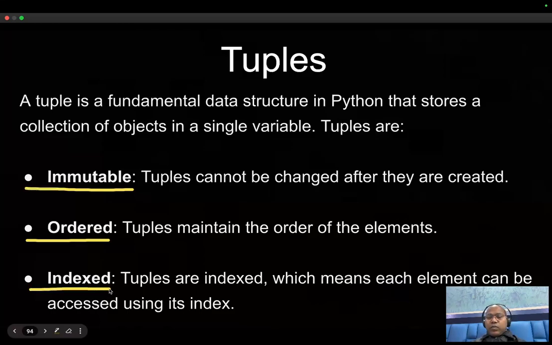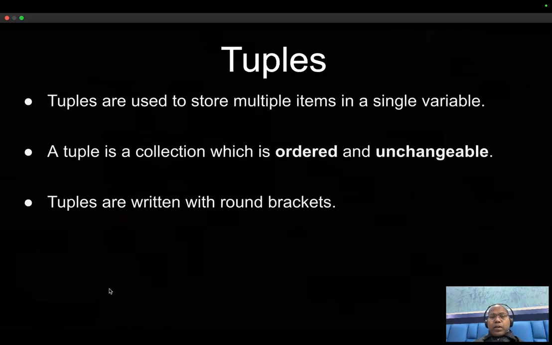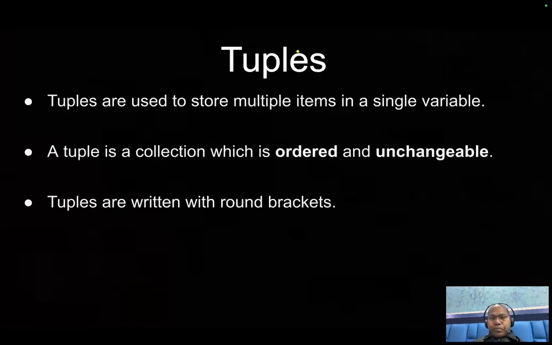So whatever elements you put in the tuple data structure, the tuples are immutable, they cannot be changed once created. They maintain the order of the elements, and also allow you to access the elements with the help of indexes.